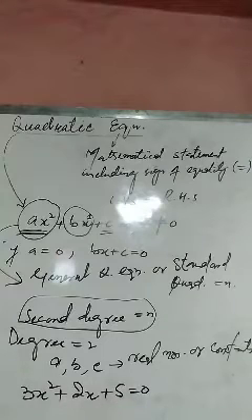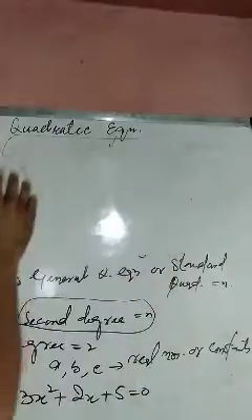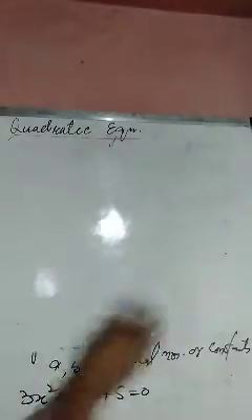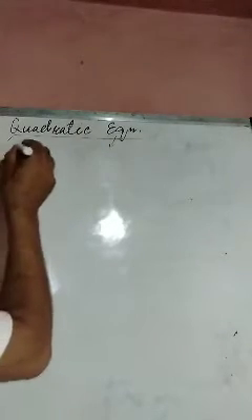There are so many examples of quadratic equation. You can yourself construct quadratic equations, and after learning the quadratic equation, we will go for the solution of the quadratic equation.